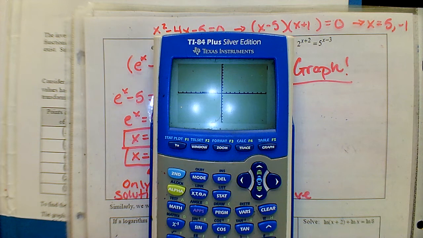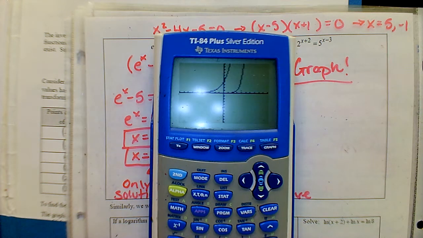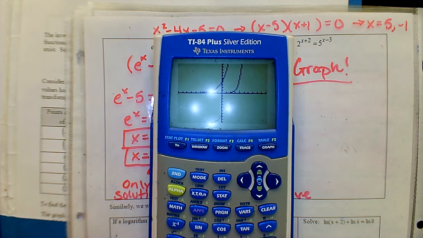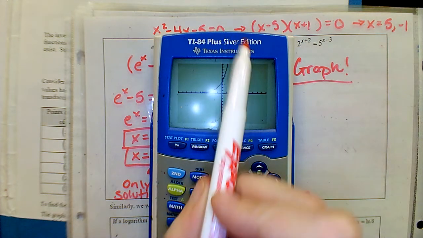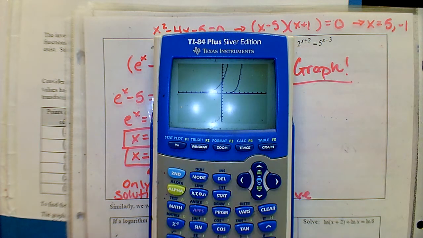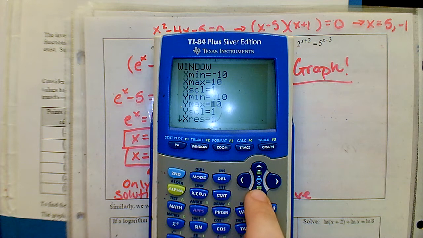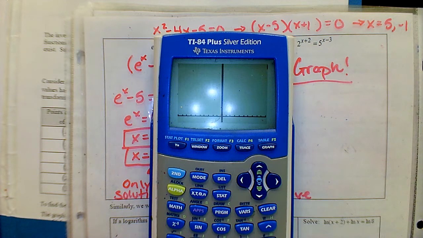And we'll hit graph. I don't think we can see the intersection point, right? Looks like they're going to cross somewhere way up here. So we got to go a little bit higher than 10. What do you guys want to go up to? 100? Okay. Let's change it to 100.